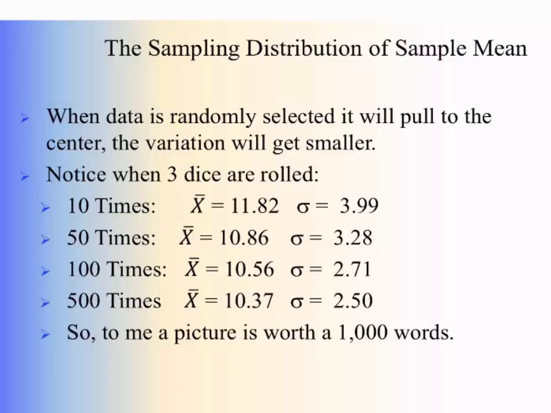My first set of dice rolls was 10 dice rolls. I randomly generated 3 dice between the numbers 1 and 6, and I added them all up. Let me show you what I'm talking about.